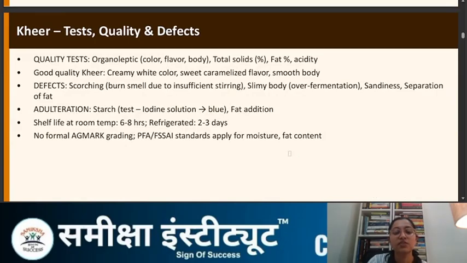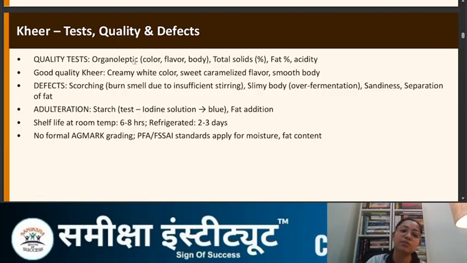Next, the tests and quality defects. We'll cover these defects later on as well, because it is a separate topic, but still we study them briefly here. Quality tests can be organoleptic tests.